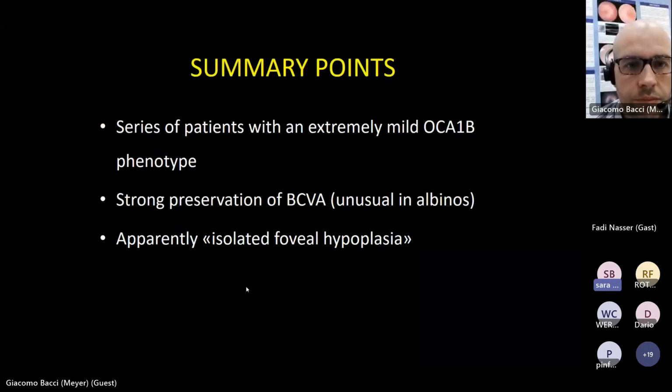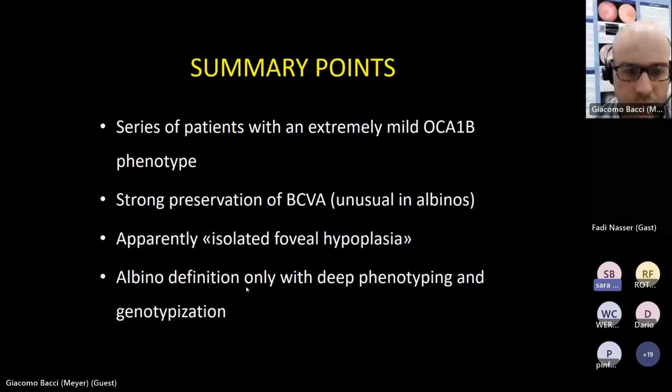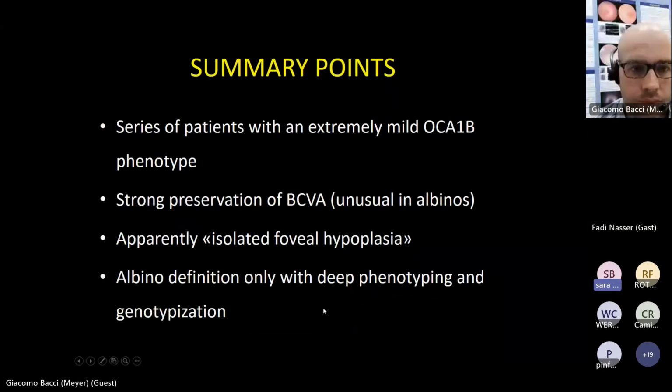But with deep genotyping and phenotyping of the patients, what we can understand is that this permitted us to give them a more precise clinical definition, and this will probably tell us that TYR mutations can have a spectrum of phenotypes ranging from an apparently isolated foveal hypoplasia towards the severe end of the OCA1A phenotype.